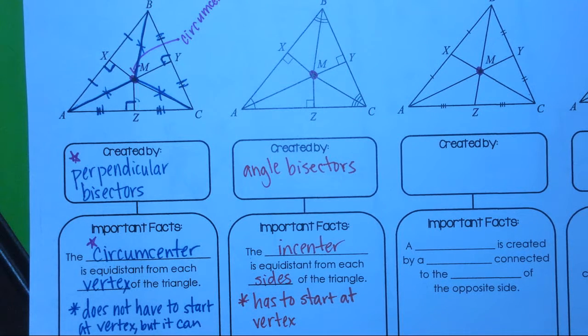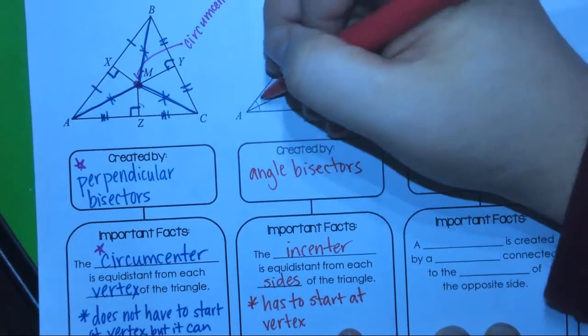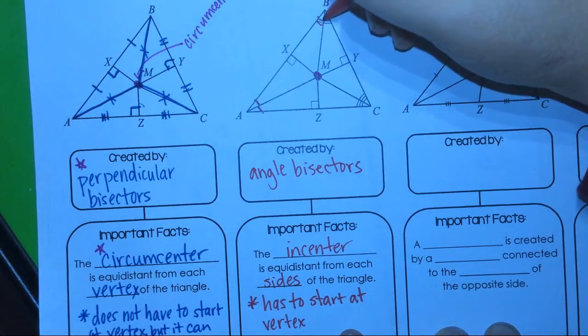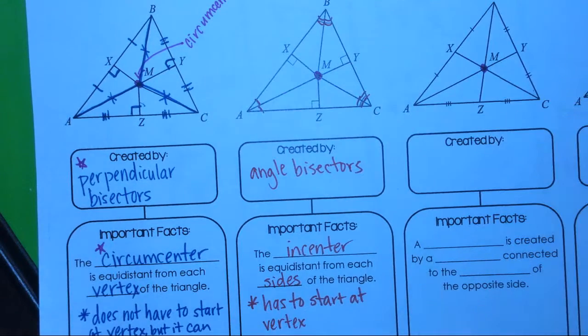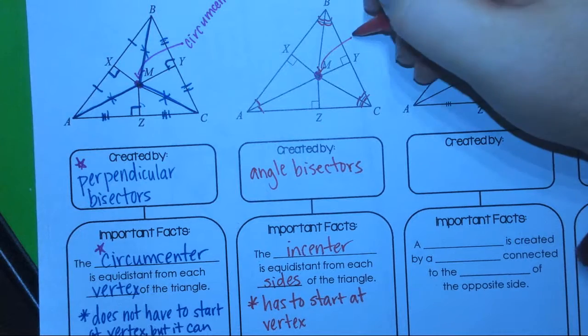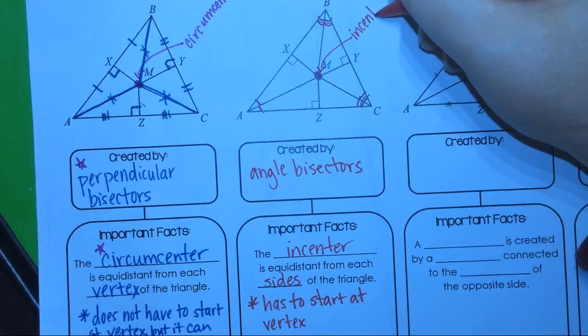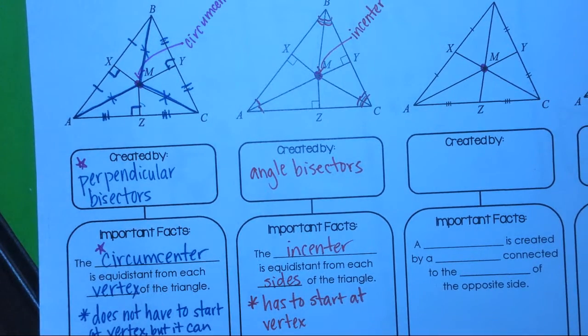Okay. You know an angle bisector cuts an angle in half. So if you start looking at the 4 pictures, this is the only picture that has each of the angles cut in half. So you know it's an in-center if all of the angles have been cut in half. This point is the in-center. Okay, so how do I remember angle bisectors and in-center go together?